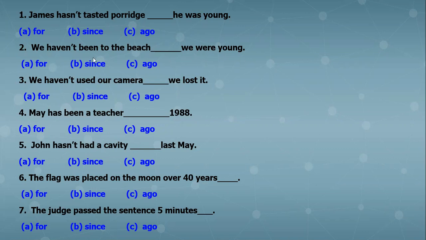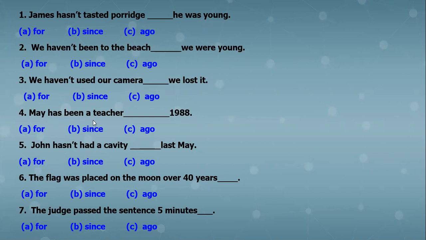What was the start of the action of not going to the beach? Yes, we were young. So since we were young, we haven't been to the beach. We haven't used our camera. We lost it. So when was the beginning of not using your camera? Since we lost it. So we haven't used our camera since we lost it.